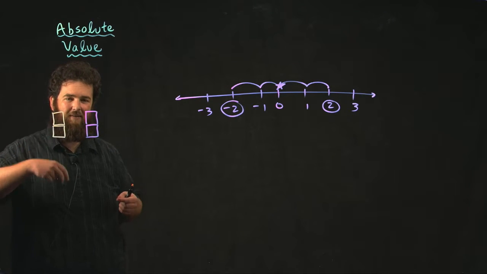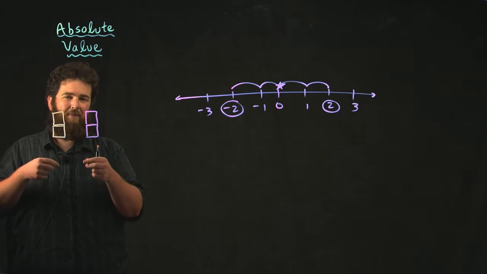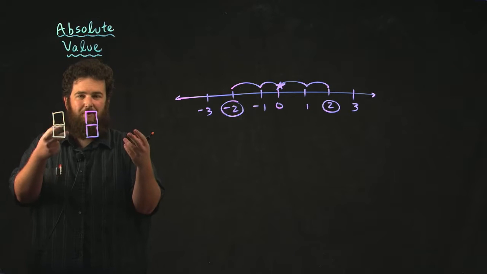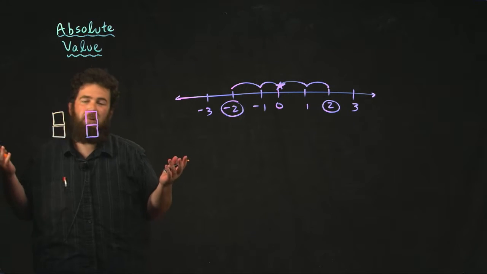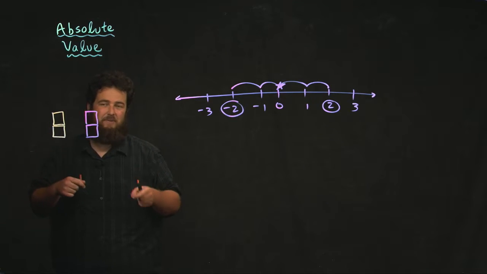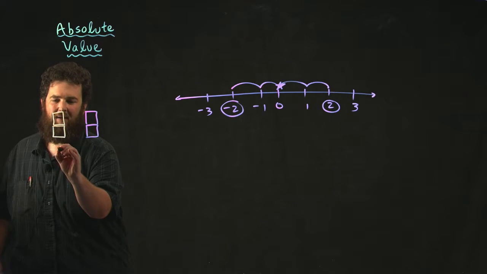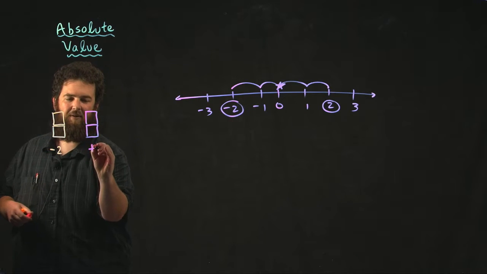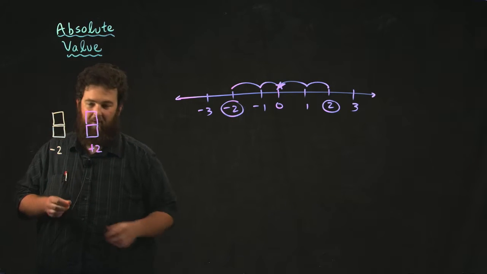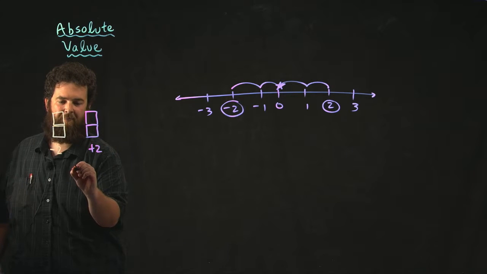There are 2 of these, so the size of it would be 2. The size of this is also 2, right? This one happens to be negative, this one happens to be positive, but the absolute value of those numbers, the absolute value of -2 and the absolute value of +2 are the same, right? It's 2.